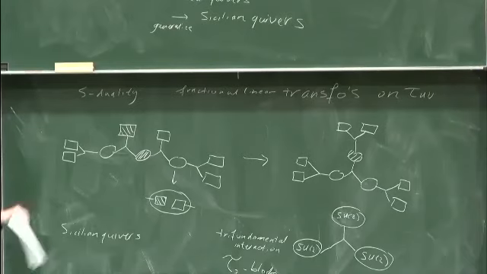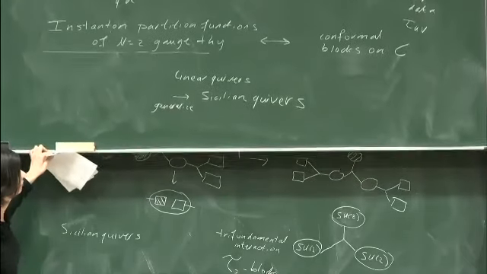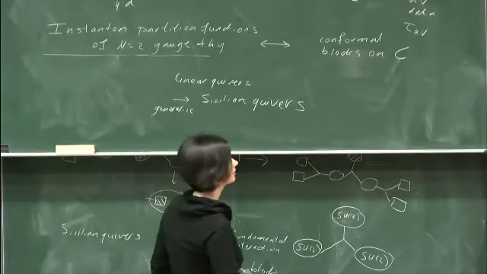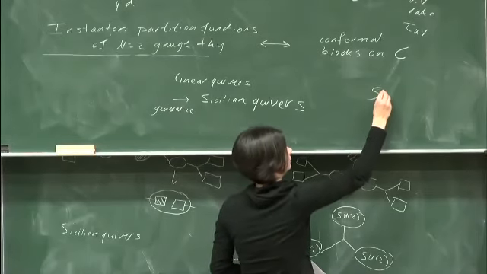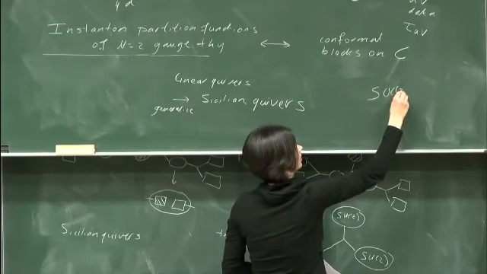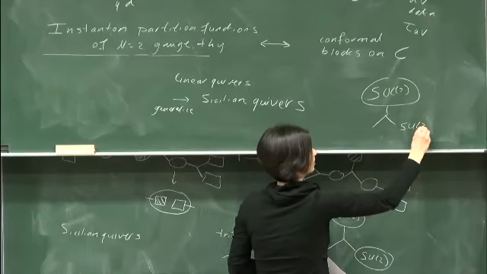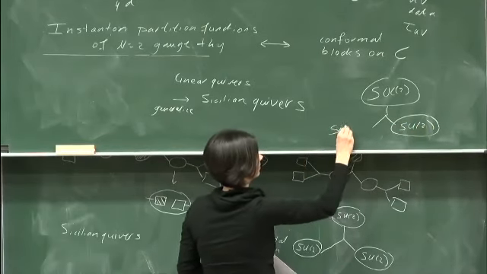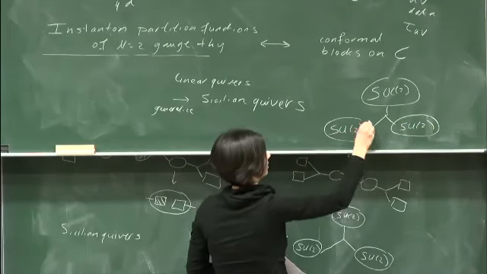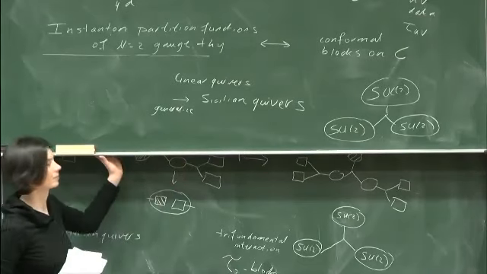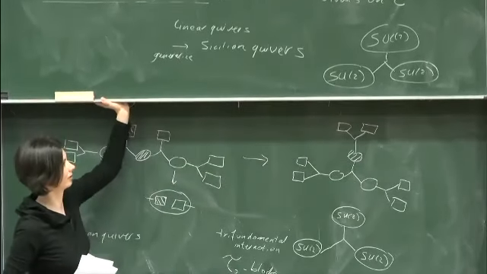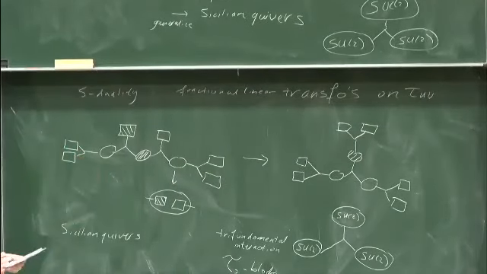So in particular, we want to compute the instanton partition function corresponding to this T2 block, because that is the elementary building block of these generalized quiver theories.